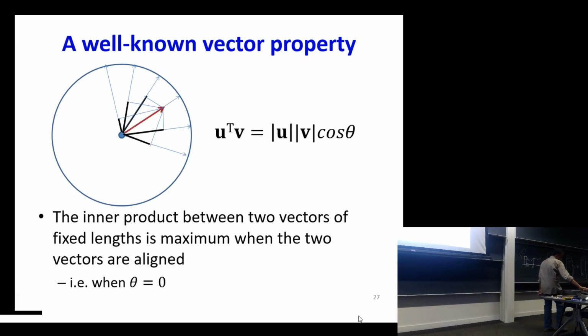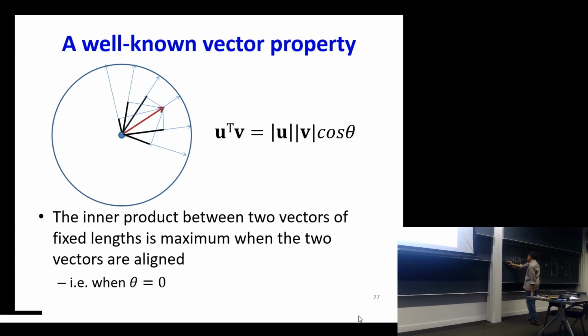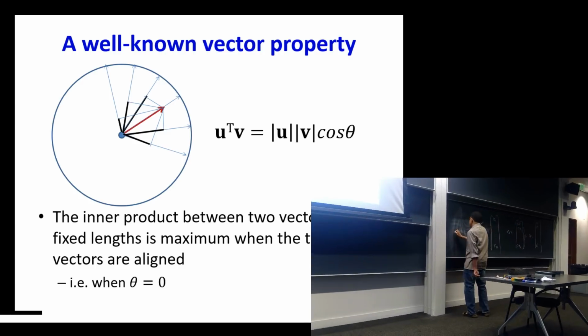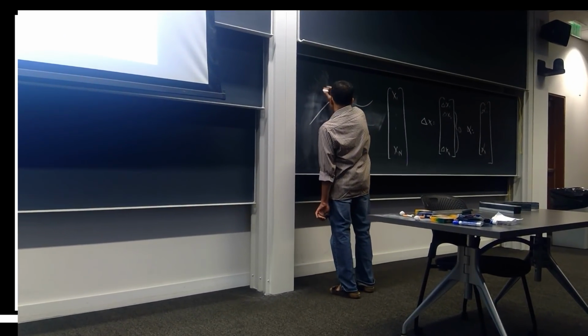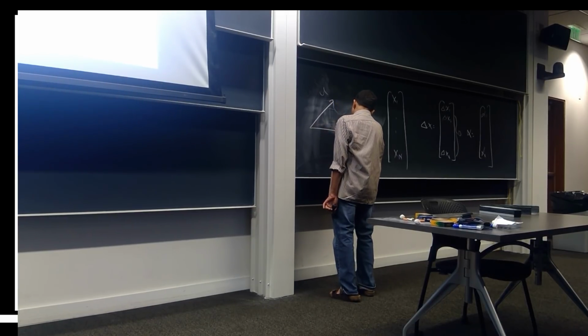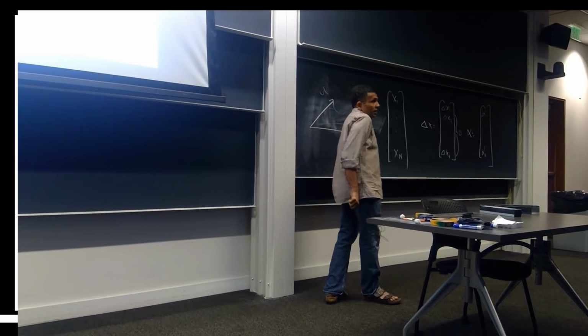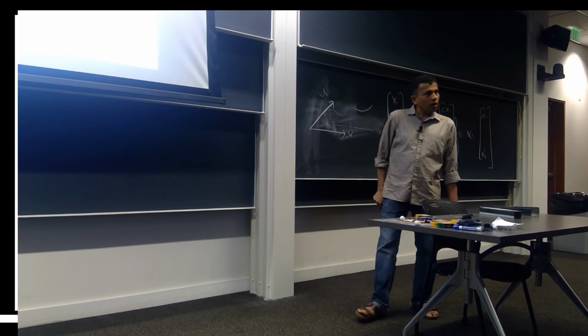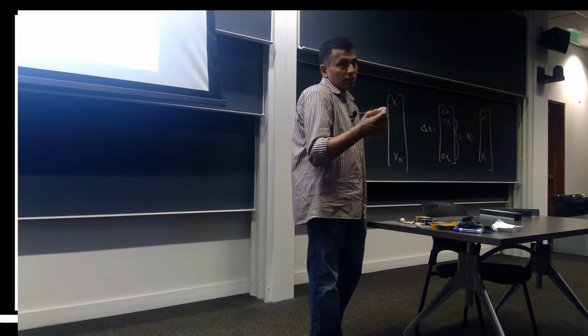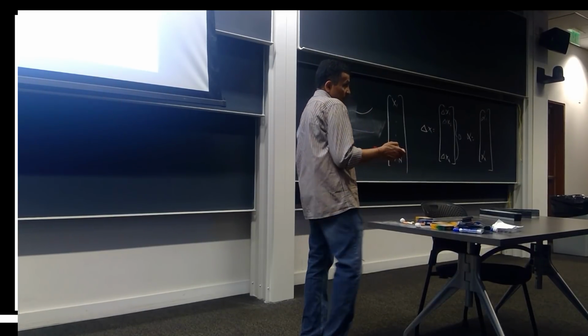And what do we know about vector inner products? So take a look at the board for now. Suppose I have two vectors, u and another vector v, and both of them are unit length. What is the inner product going to be? Cos theta, right?